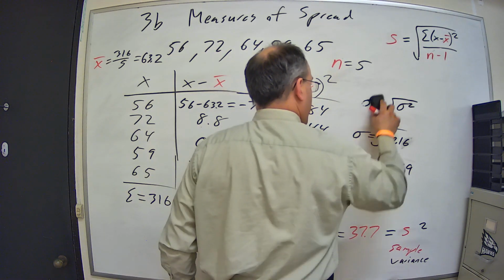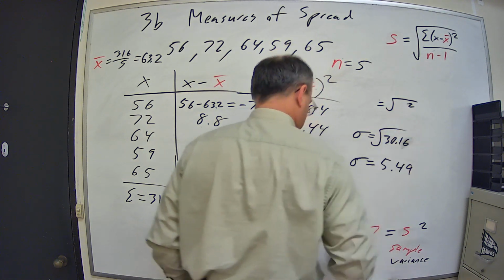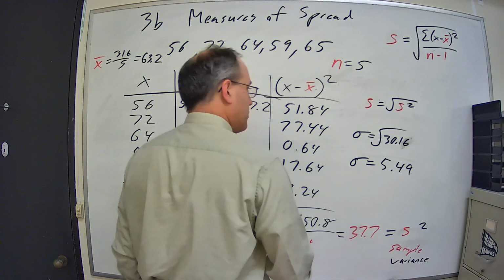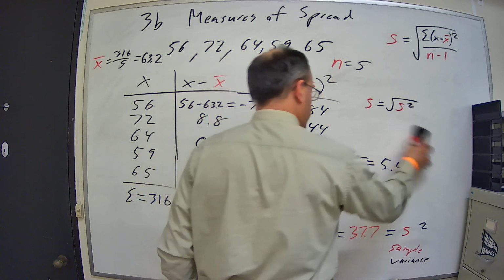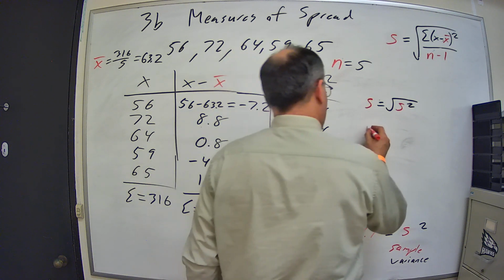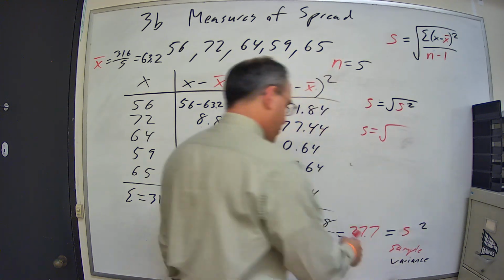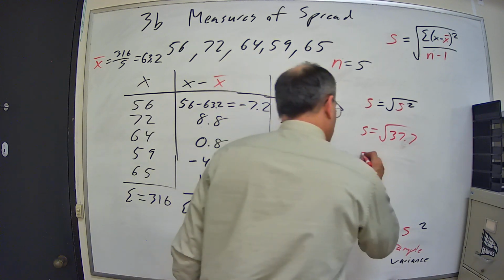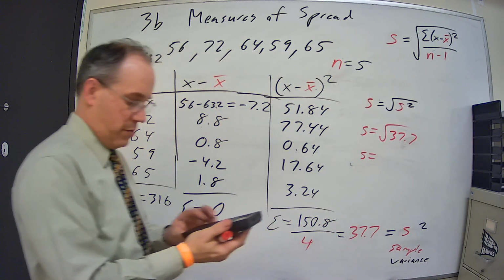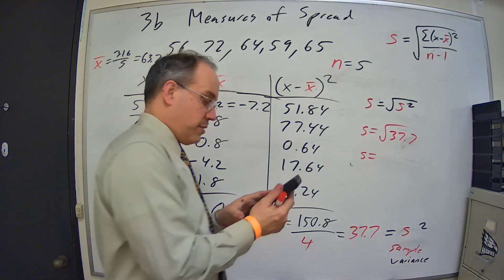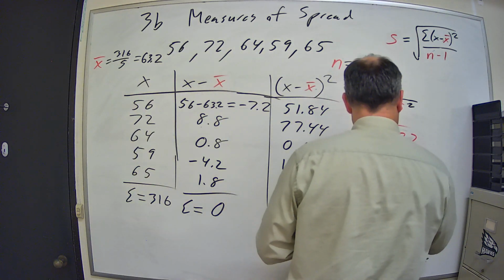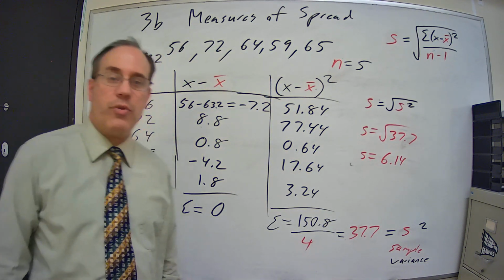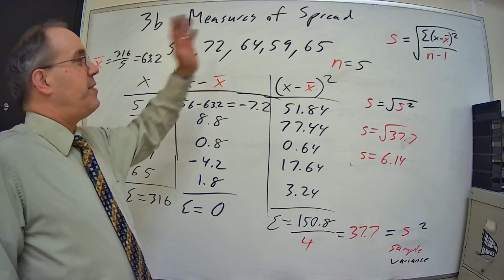And then when we come up here, we get s is equal to the square root of s squared. That is an s, not a 5. So s is equal to the square root of 37.7, or s is equal to 6.14. So notice that when we change to dealing with a sample, most of it stays the same.